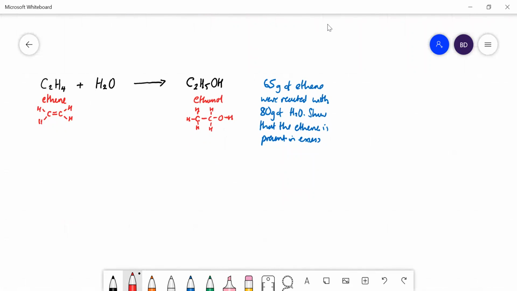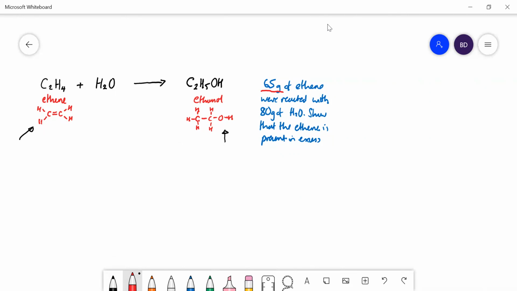Okay, so here's another reaction. This time we are reacting ethene. If you've done organic chemistry, you'll know the structure of ethene to be that. It's got a double bond in it. You add water to it and you make ethanol. Not surprisingly, the ethene is expensive because water is pretty cheap, so you're going to want to make sure you're adding excess water. The question says 65 grams of ethene react with 80 grams of water.